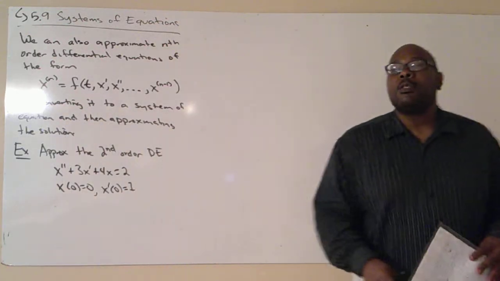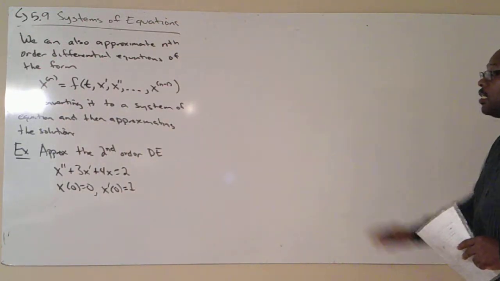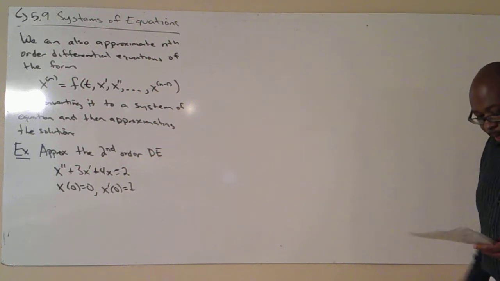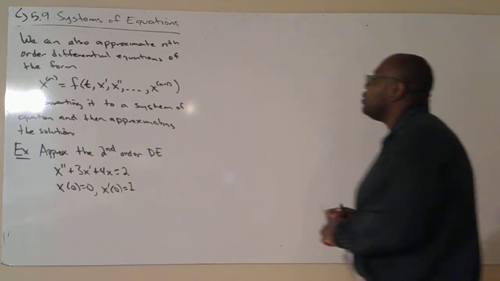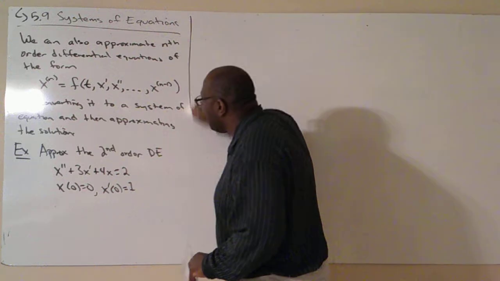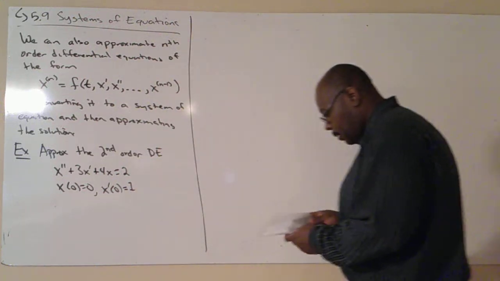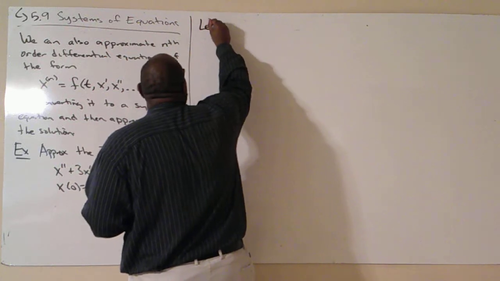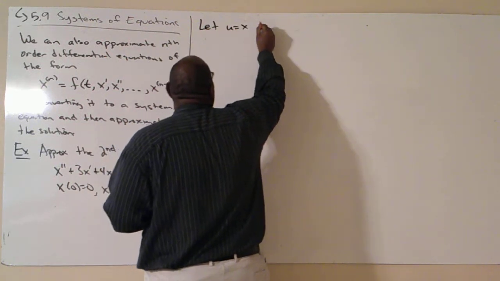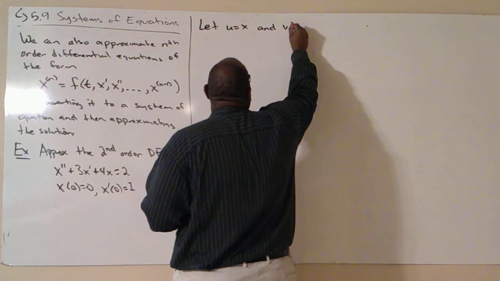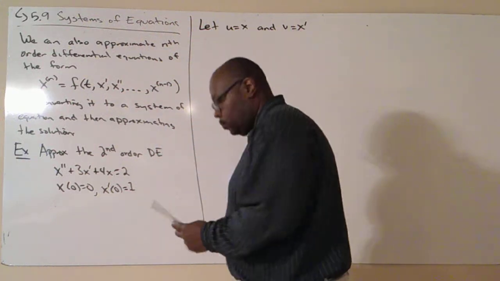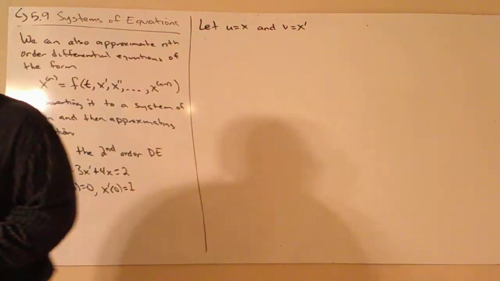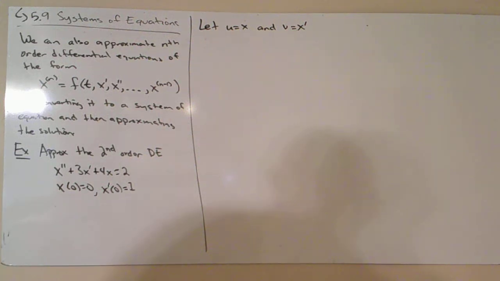The first thing we're going to do is convert this equation to a system. And how do we do that? Well, you might have learned it a little bit different, but it's about the same thing. Let u equal x and v equal x prime.